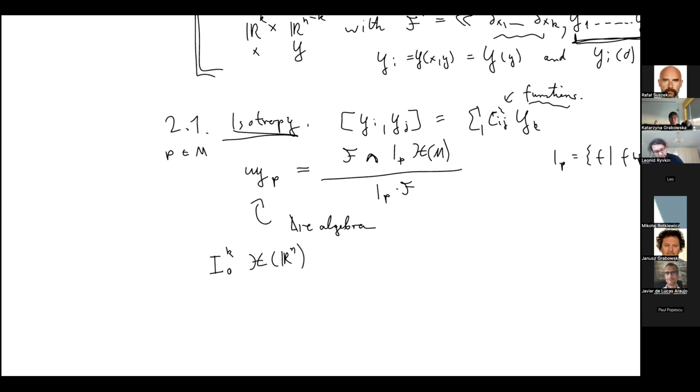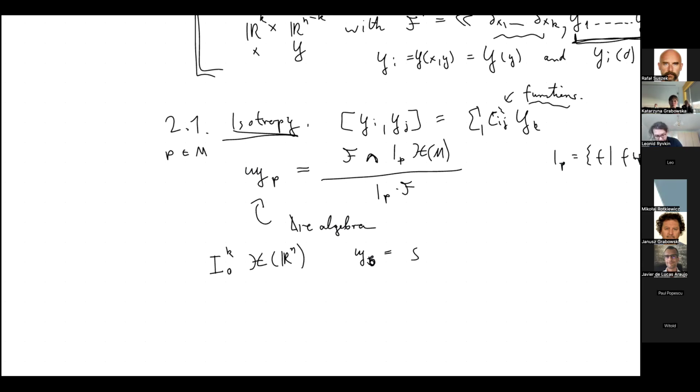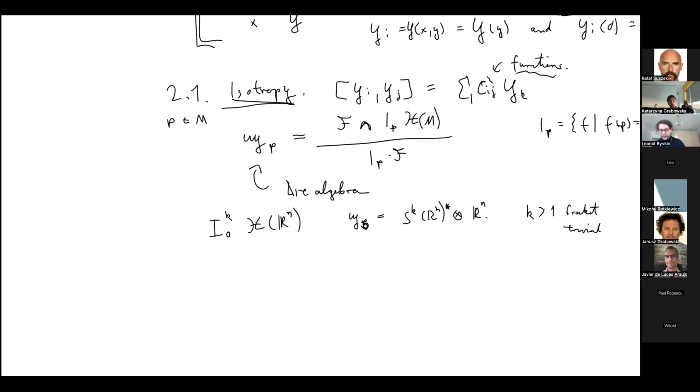And then the isotropy Lie algebra at the origin would always be some sort of symmetric algebra, and except for the case of k equal to 1, it will actually be an abelian one. So this is a first way how we can measure our foliation at a point. It will give us different things for dynamically different foliations with the same leaves.